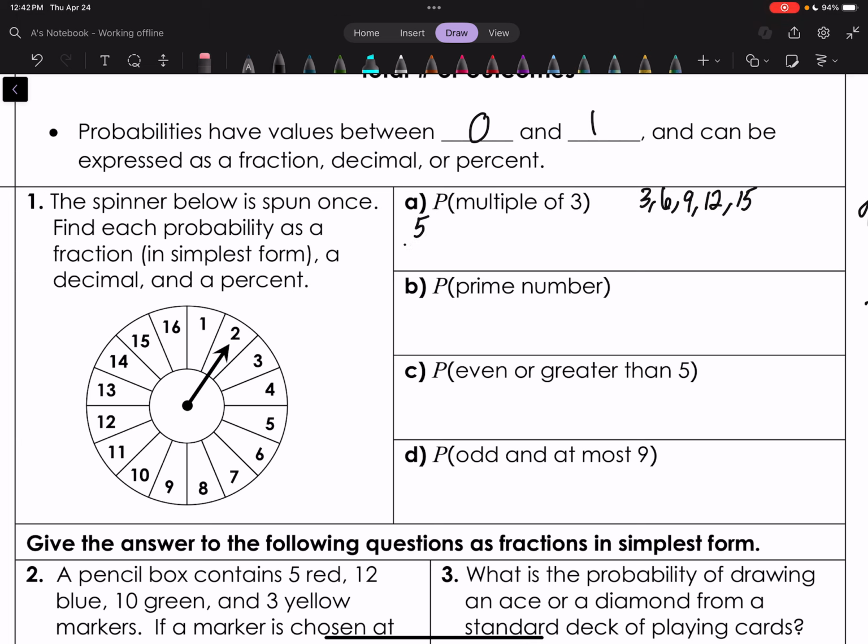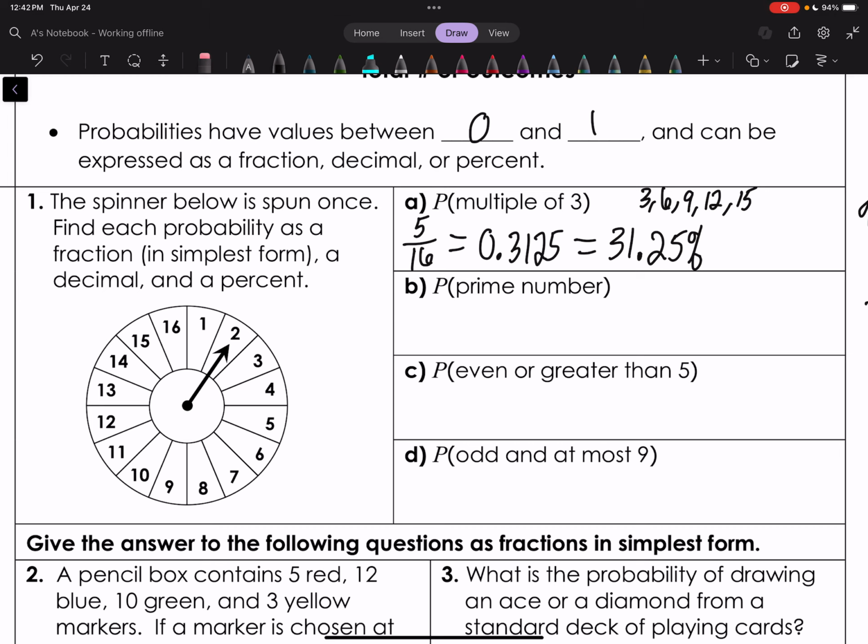So I have 5 over the 16 possible outcomes with this spin. This is equal to 0.3125. If I was to ask you this as a percentage, it is 31.25%. That is your chance of getting a number that is a multiple of 3.